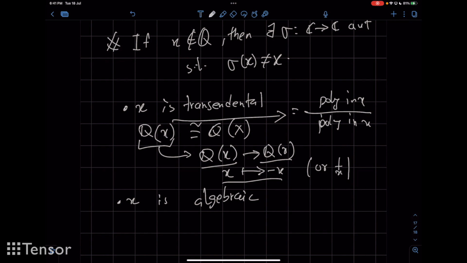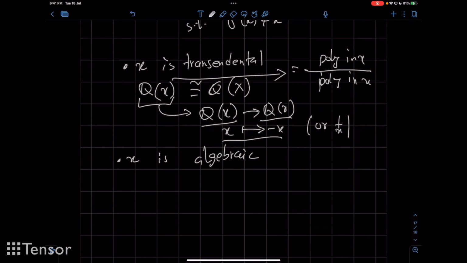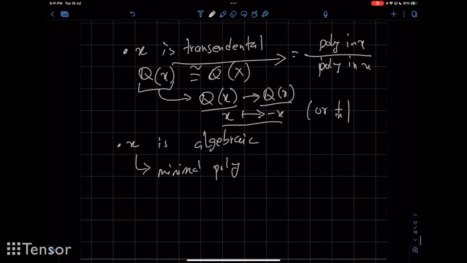Okay, but what about when x is algebraic? Then it has a minimal polynomial, a polynomial with the smallest degree, one of whose roots is x. Let's call the minimal polynomial F. Then we take Q along with all the roots of the minimal polynomial, and we take the smallest field that contains all of them.